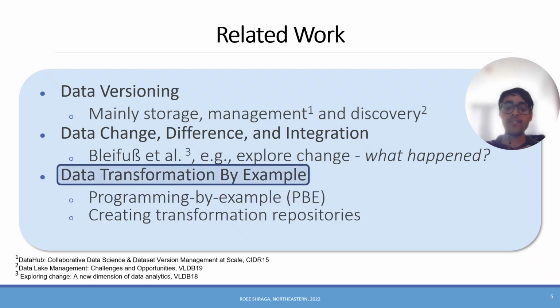And finally, data transformation by example largely looks at transformations that occurred in the data and tries to recover them, which is the main technique that we use to explain the changes in our work.